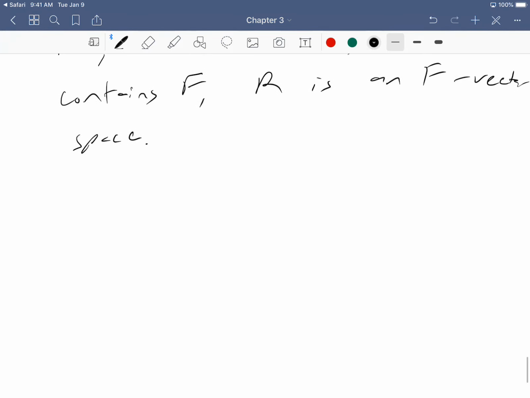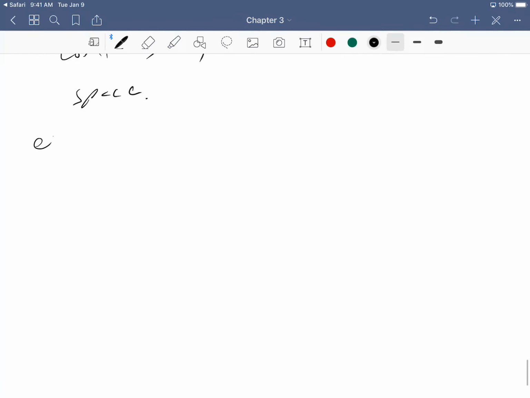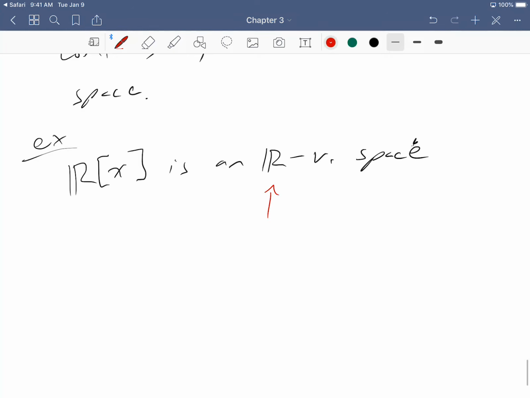So let's look at some more rings that contain fields that we've seen. For example, R[x]. This was, remember, the set of all polynomials with the variable x. This is an R vector space. So this time R, those are my scalars, and my polynomials are my vectors.